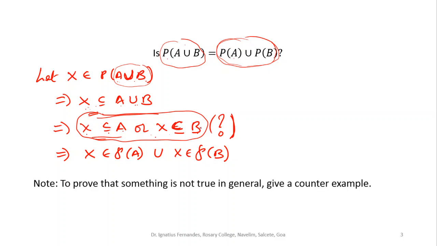So to prove that something is not true in general, we have to give a counter example. For that, let me consider a set A as {1, 2} and set B as {3, 4}. A is the set containing 1, 2 and B is the set containing 3, 4.